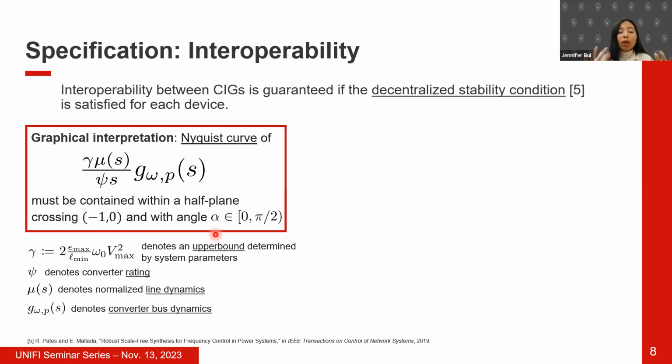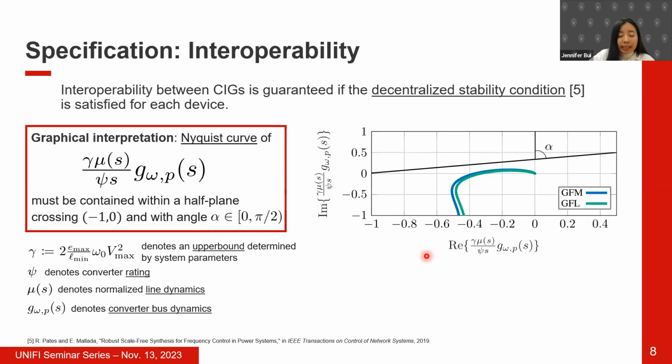And so if the curves of all the different devices are contained within one half plane, then we can guarantee stability of those devices. Looking at an example here, this Nyquist plot comes from reduced order models of grid forming and grid following converters. That's how I get this component here in the transfer function needed to plot this Nyquist plot.